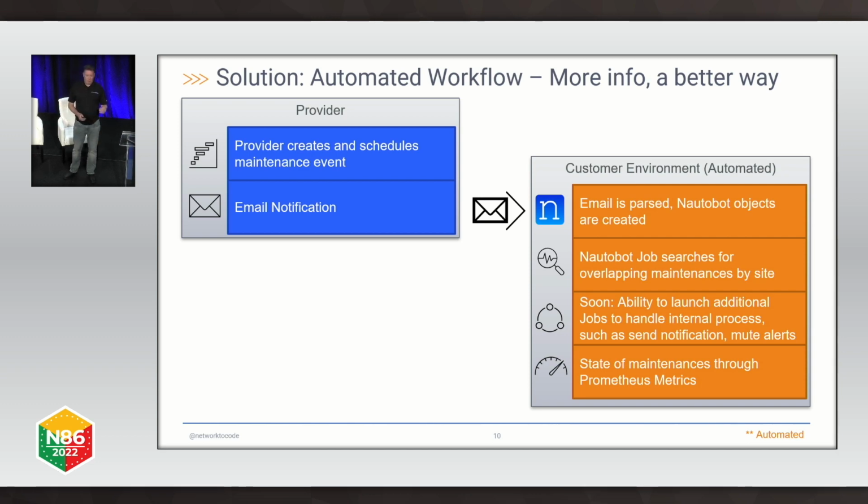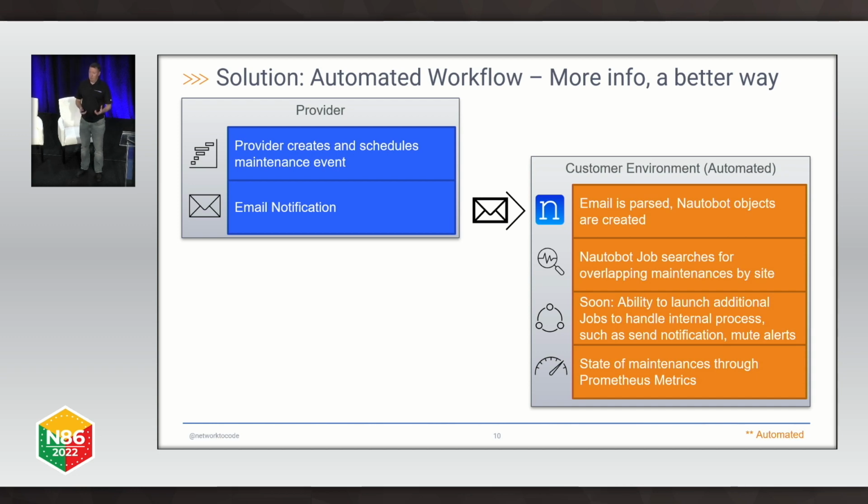So from there, the Nautobot job will go ahead and search through all those maintenances. We know about what site each circuit goes to. And then you're able to say, all right, we need to take action on that particular site. Beyond that, what's coming soon is Nautobot has a feature called Jobs.